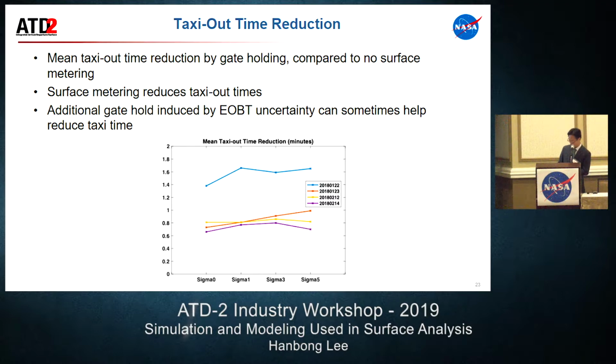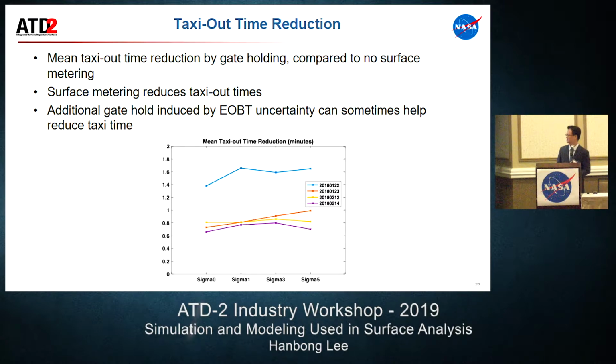But in a few scenarios, like the blue curve and red curve, the taxi time reduction was increased because of the additional gate holding time. So sometimes this additional gate holding time can reduce the taxi time, which is very interesting.